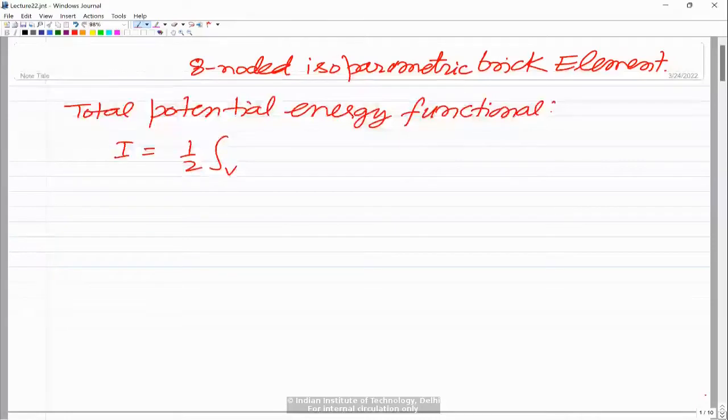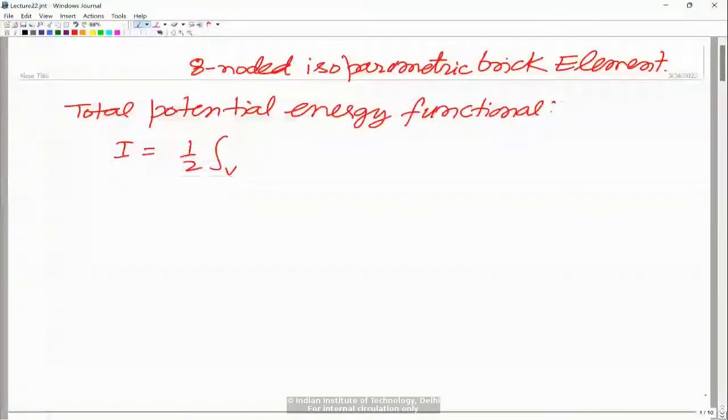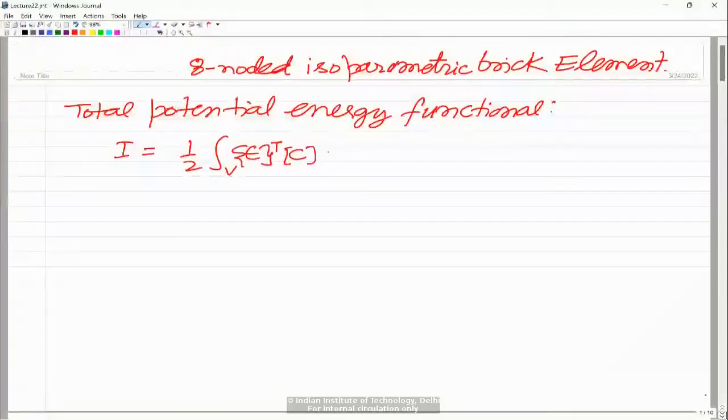So the strain energy for a linear elastic solid is half the integration over volume of sigma xx into epsilon xx plus sigma yy into epsilon yy, and so on for all the combinations. That can be written as sigma transpose into C epsilon dV, with C transpose equal to C.